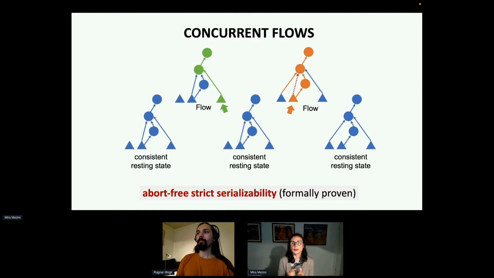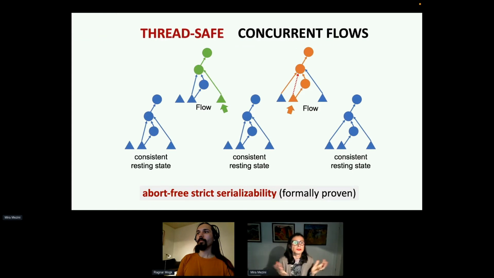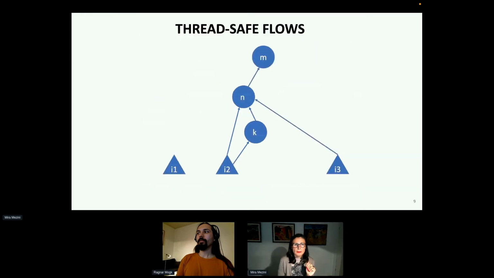I will explain in a minute, to give you an intuition, how this is ensured behind the scenes. I will do this by the example of this dependency graph with 3 input nodes and 3 derived signals.